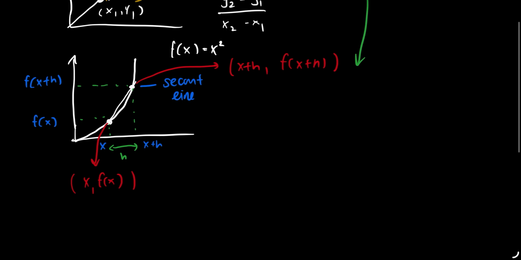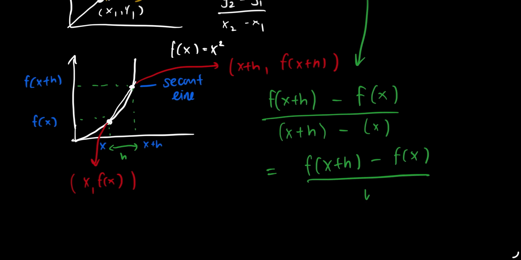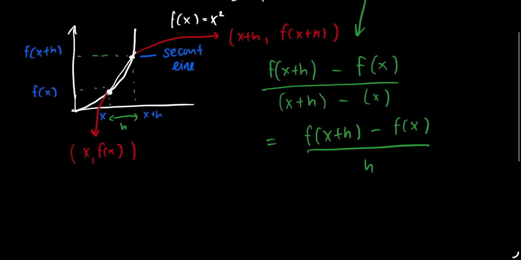What do we get? y2 minus y1 is f(x plus h) minus f(x), over x plus h minus x, which is h. So f(x plus h) minus f(x) over h is the gradient of the secant line.